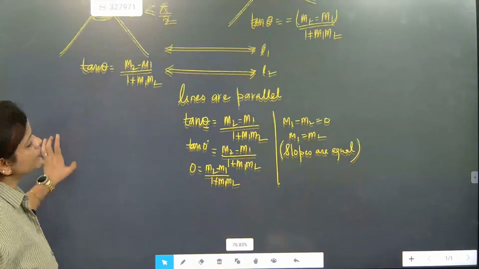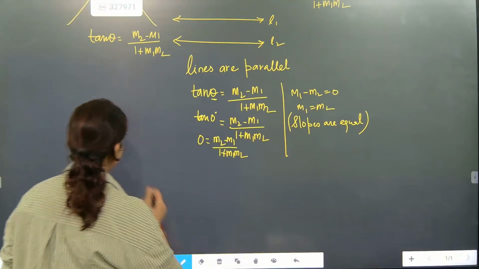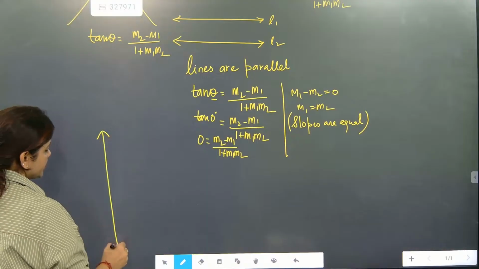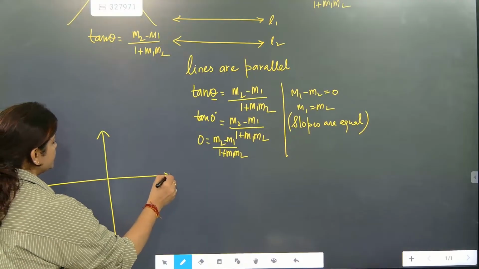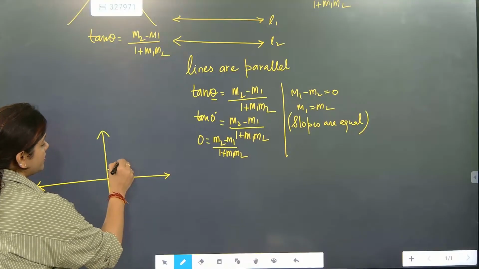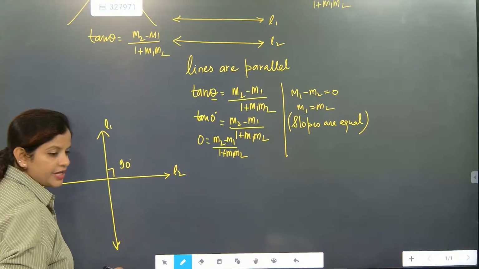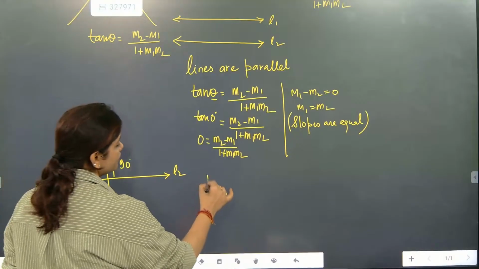Now the next case is when the lines are perpendicular to each other. When two straight lines intersect each other perpendicularly, perpendicular means they form 90 degrees between them. So that means lines L1 and L2 are perpendicular to each other. What is our formula?